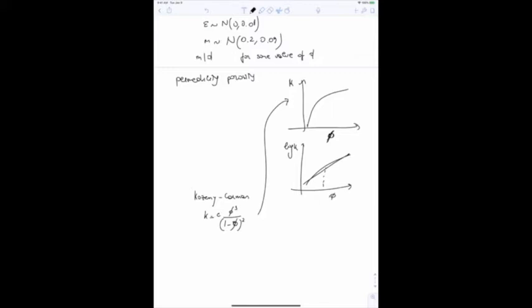Typically we want to take the log of this quantity. K in this case is the permeability. So we work with H, which is the log permeability, which is the log of this quantity here. This is a log 10.